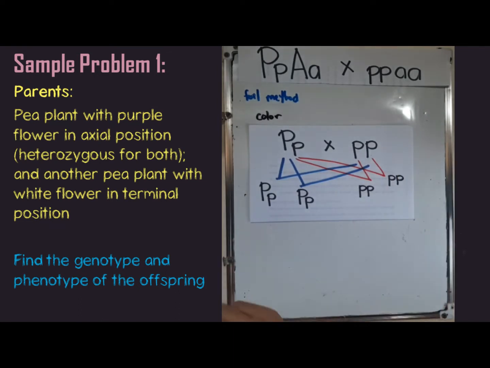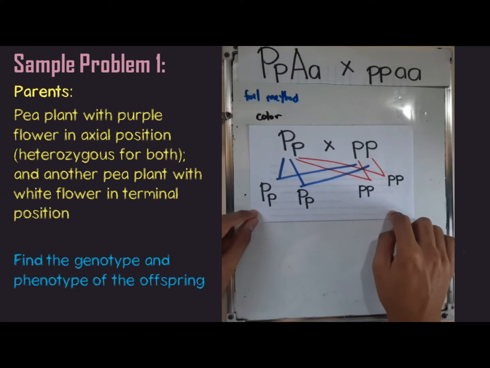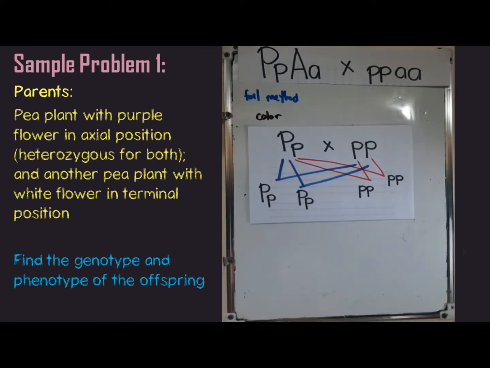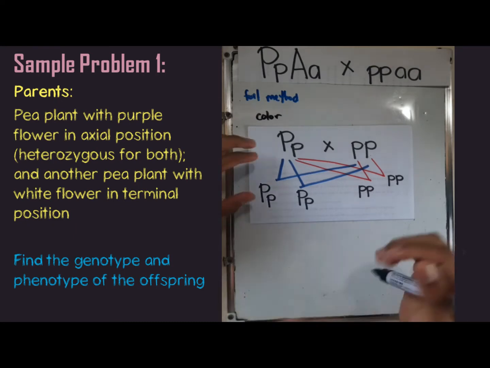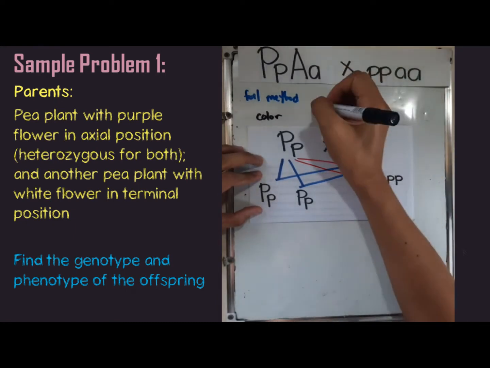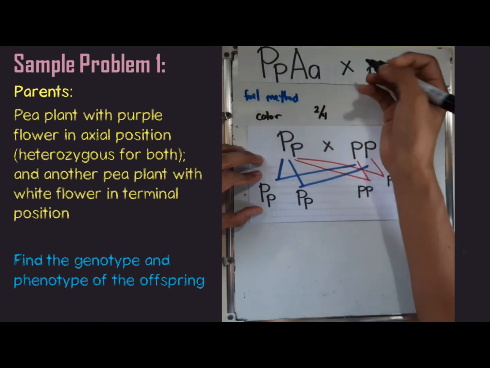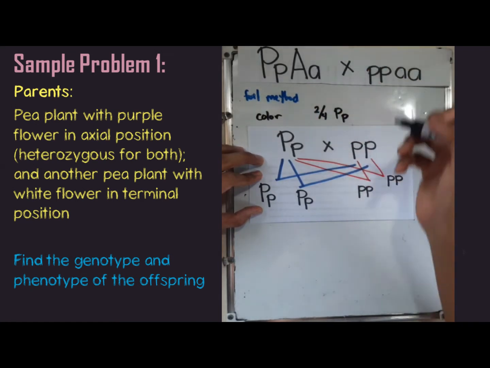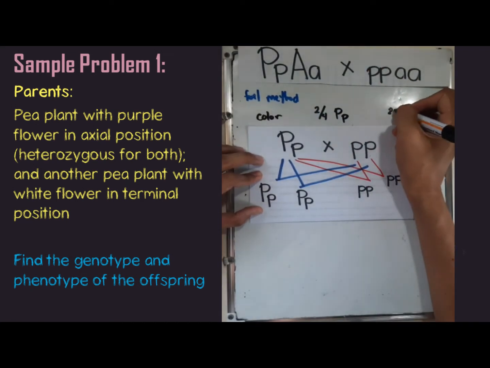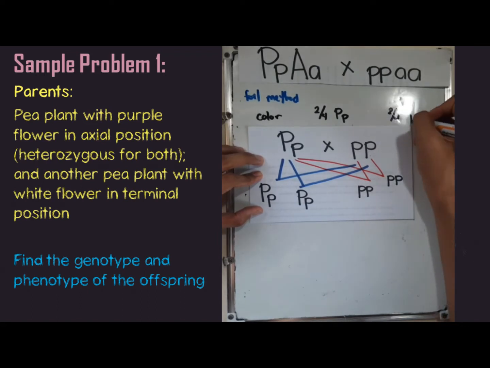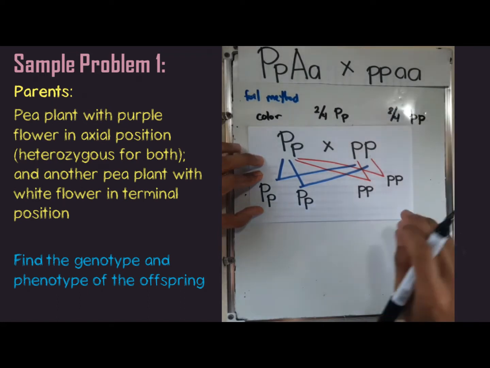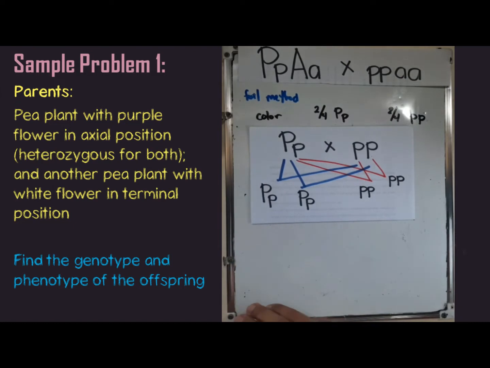So basically, whenever we consider the FOIL method, we arrive at the following answers. For the very first trait, the segregation that will happen here, we can observe that the offspring would be 2 out of 4 heterozygous dominant purple and 2 out of 4 homozygous recessive white.